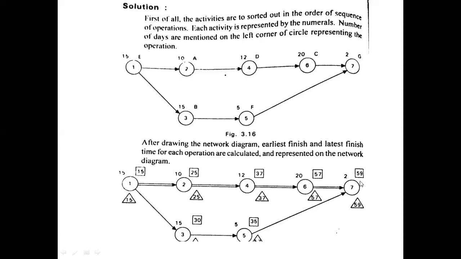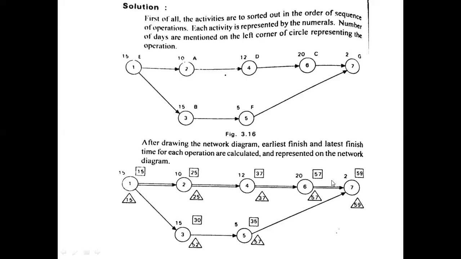See here for the seventh activity at last, you are going to get 57 plus 2, which is 59, and here 35. We are going to have two paths, this path and this path. So here 35 plus 2 gives 37.